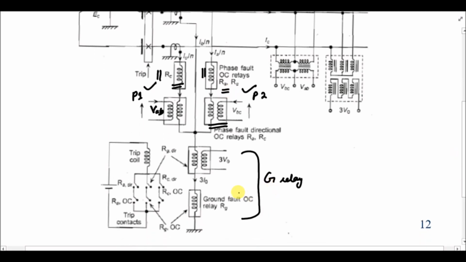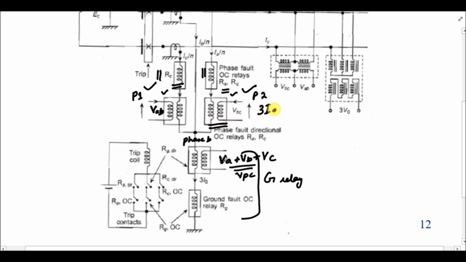For the ground relays we have to use the summation of voltages VA plus VB plus VC as a polarizing quantity VPC, and the current should be 3I0, and this current is coming from phase B, right? So if we have a line to ground fault in phase B or phase C, in both cases we will have the current equal to 3I0.